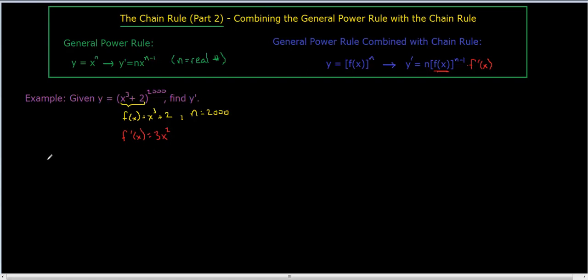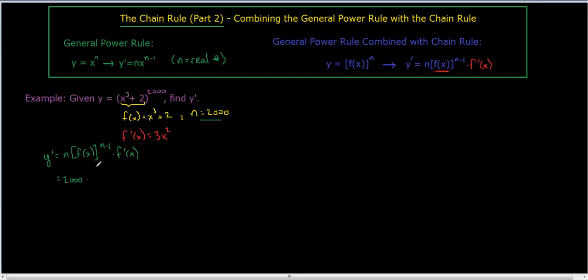We have all the information we're going to need to find y prime. So let's go with the formula. Y prime is equal to n times f of x to the n minus 1 times f prime of x. So n is 2000.